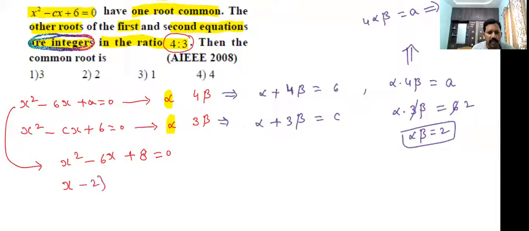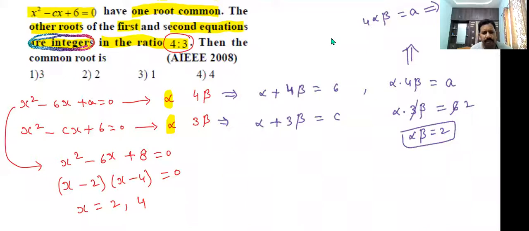You'll get x minus 2 into x minus 4. Then what about the x value? 2 and 4. But here x means alpha only. But there are two values. One is alpha, another one is beta.